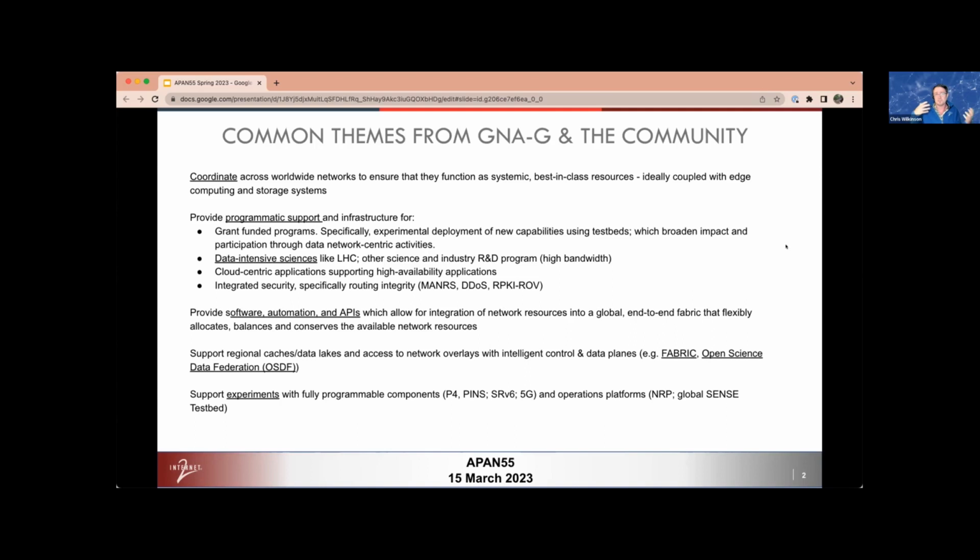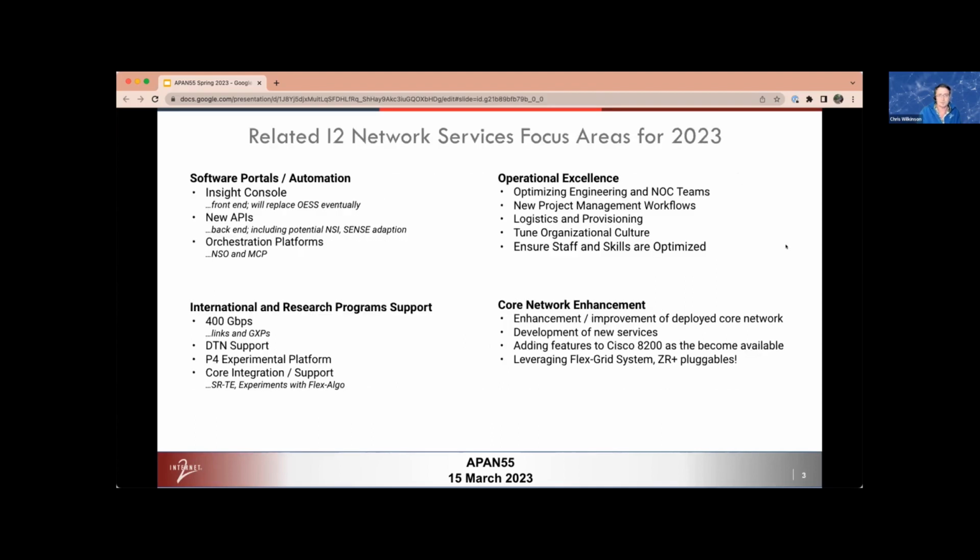So I'm going to start with some domestic things that we're doing that all build towards our international support. And then I'll talk a bit about some new initiatives we have on our international programs. These are the types of things we're thinking about at Internet 2, very much software, automation, and how we're interfacing with our platform and our services.